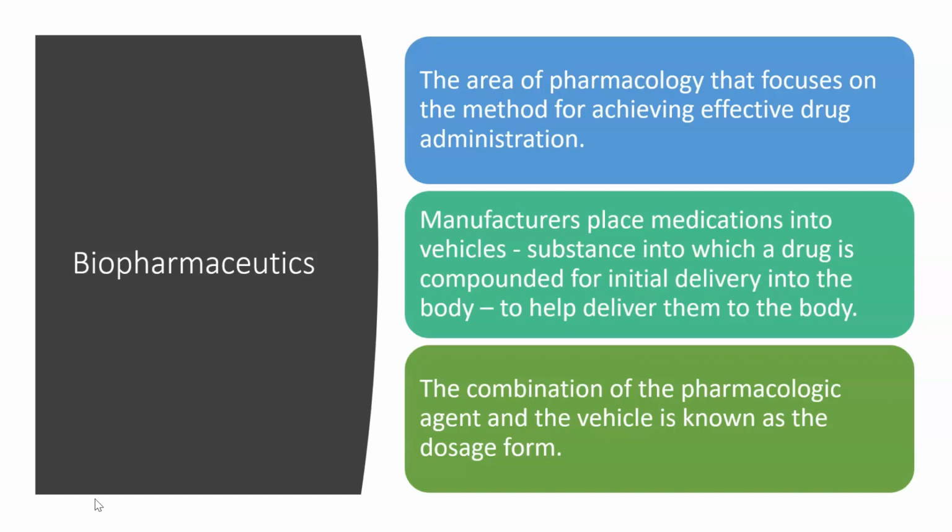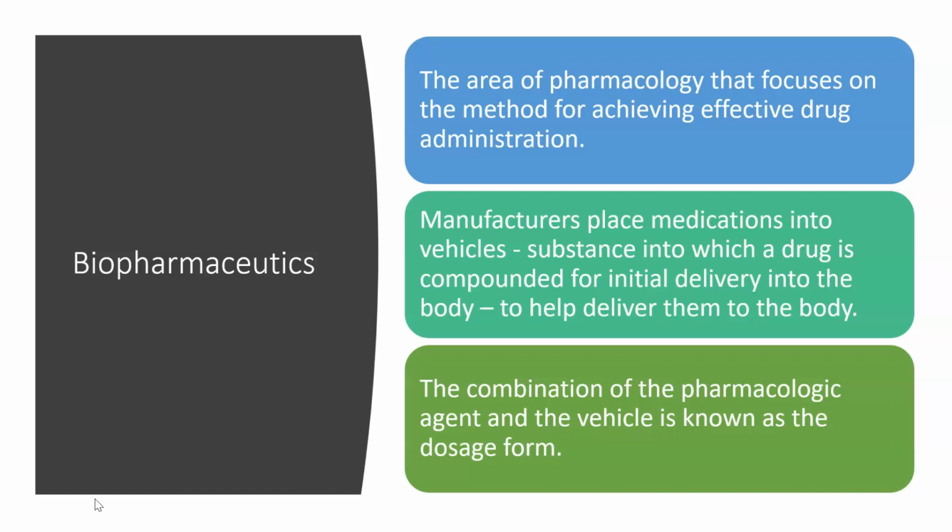So biopharmaceutics is the area of pharmacology that focuses on the method for achieving effective drug administration. Manufacturers place medications into vehicles, okay? Substances into which a drug is compounded for initial delivery into the body to help deliver them to the body. There's a lot of different ways.